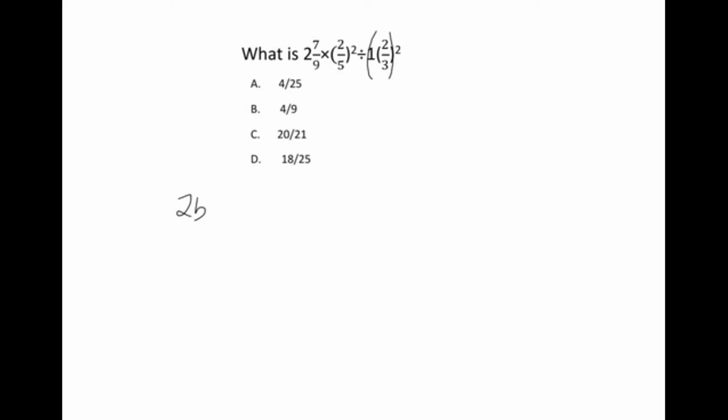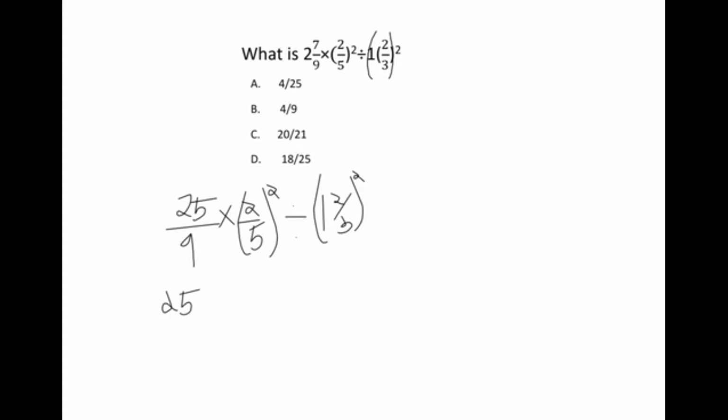So we have 25 over 9 multiplied by 2 over 5 in brackets squared divided by 1 and 2 over 3 squared.